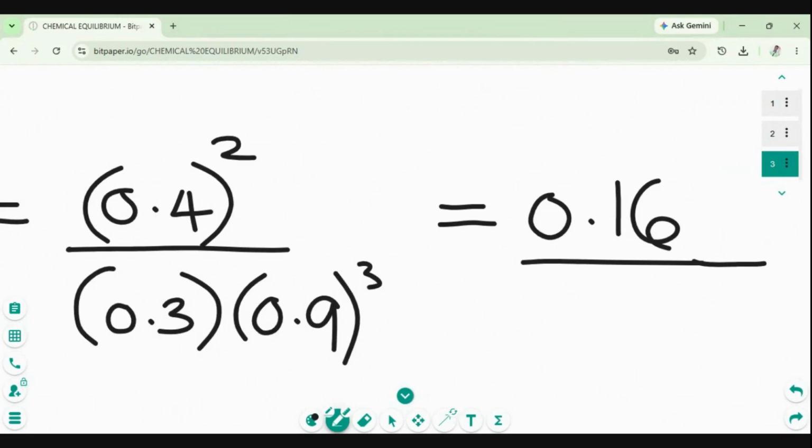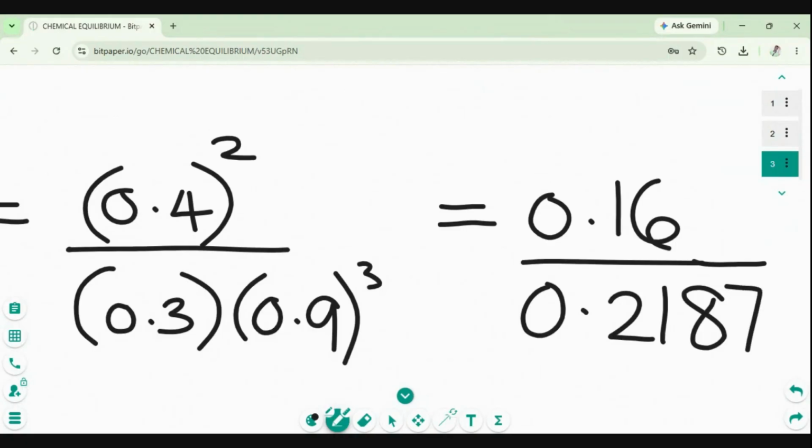So down we have 0.3 times 0.9 times 0.9 times 0.9, which gives 0.2187.